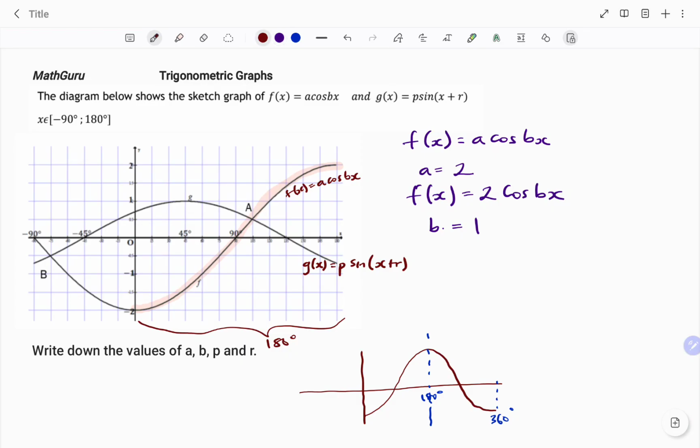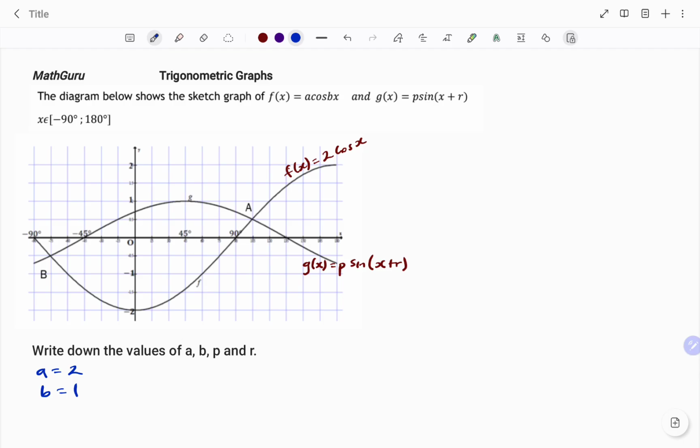A quick calculation: for 180 degrees, I had half of the wave, so for 360 degrees, which is the standard graph, I'm going to have 1. So therefore my b is 1. Thus, writing the formula for my cos graph, it's going to be f of x equals the amplitude 2 cos of b is 1 x.